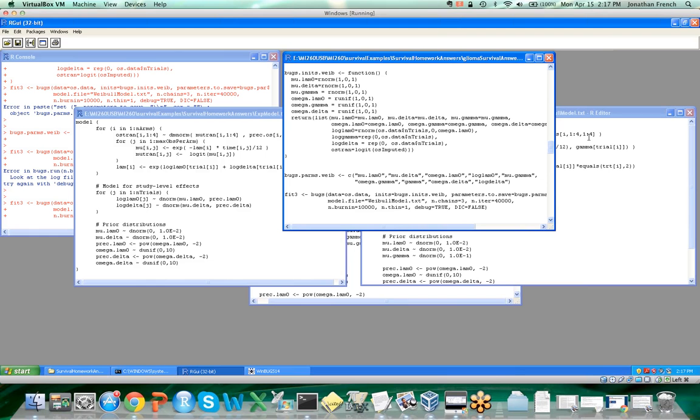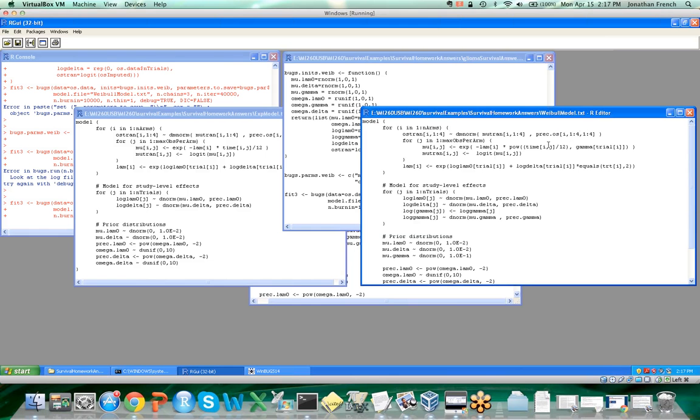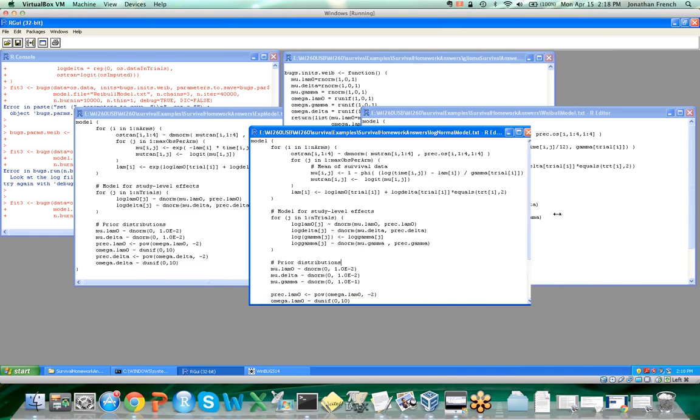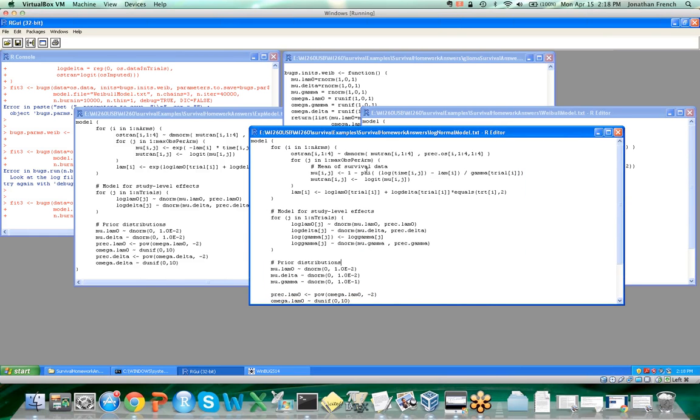We'll come back here to our log normal example, just to look at the code while BUGS is running for now. So in the way that I formulated this for the log normal model, BUGS has a function called phi, which provides for us the standard normal cumulative distribution function.